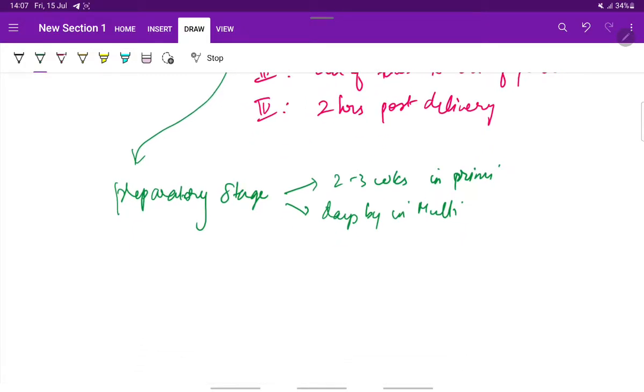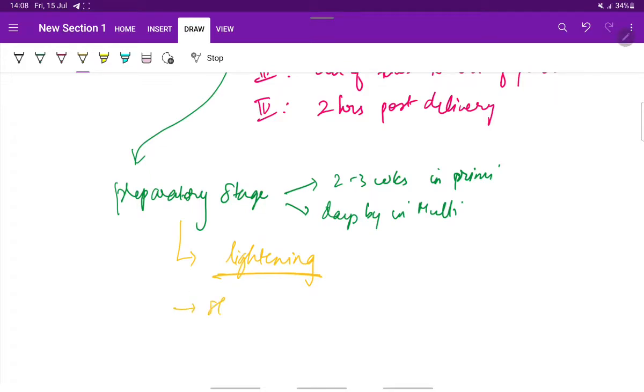So, in preparatory stage, there are certain events which occur. Those include the process called lightening. Lightening is nothing but the falling forward of uterus because the head starts dipping into the pelvis. So, that is called as lightening.